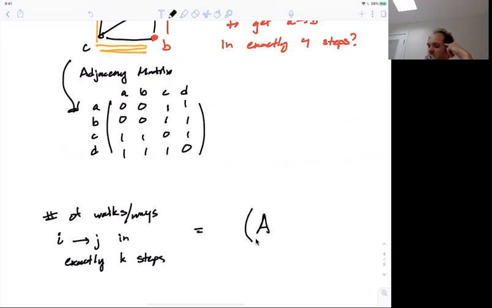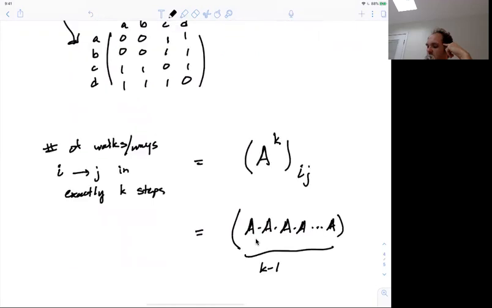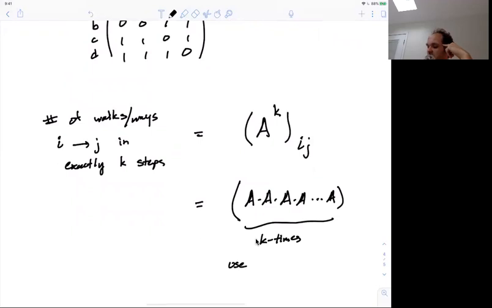So this just says you're going to take A times A times A times A, and you do this K times. And then you take the IJ entry. Just for emphasis, for the IJ entry, we apply the principle of RC Cola: this is the ith row and the jth column.